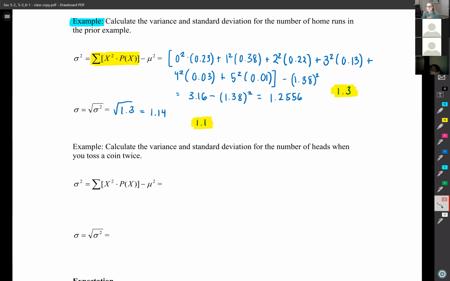But that's just me probably being cautious. I'm sure if you didn't do it, you'd be okay. I also put them in my work for the sake of distinguishing between what is x squared times P of x and what is the mean squared. So they were more for me, but the calculator would not hurt to use them.